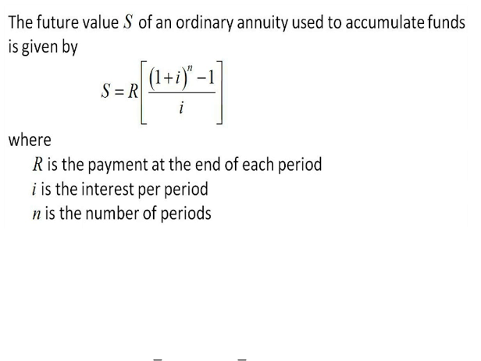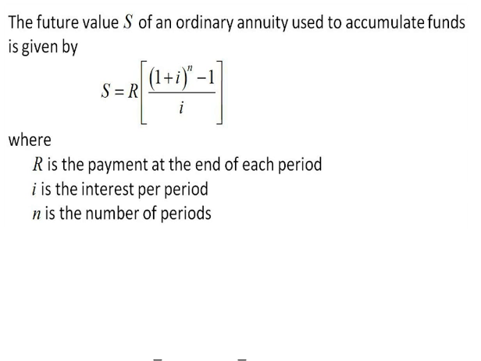Now the formula for the future value, let's call it S, of an ordinary annuity used to accumulate funds is given by S equals R, where R is the payment at the end of each period, times the quantity 1 plus i, where i is the interest per period, raised to the n, minus 1, divided by i. Remember, i is equal to the annual interest rate divided by the number of times compounded per year, which is r over m.